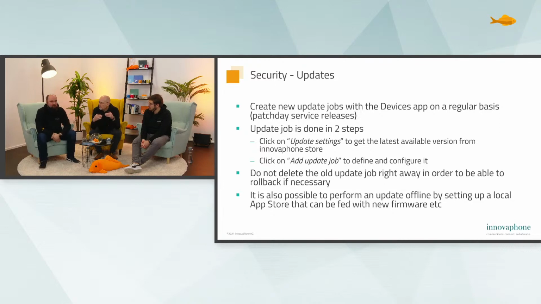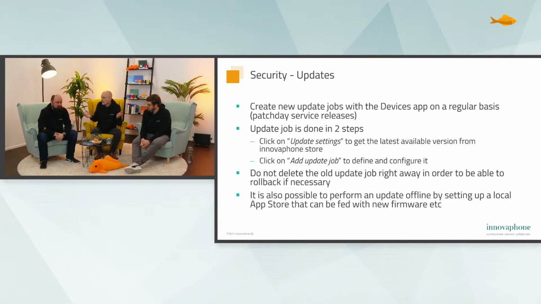In this update job, it's written to which software version the devices should go in our app store and download the software. So actually, when you go to updates, you first check which releases are available and you say, okay, take over this new release.